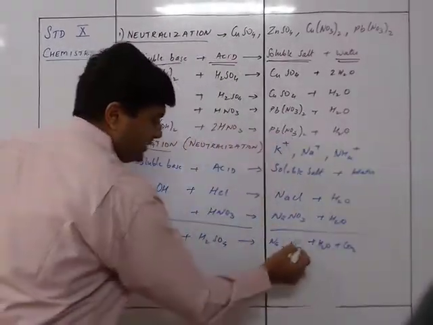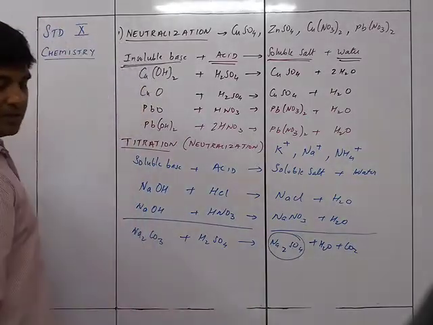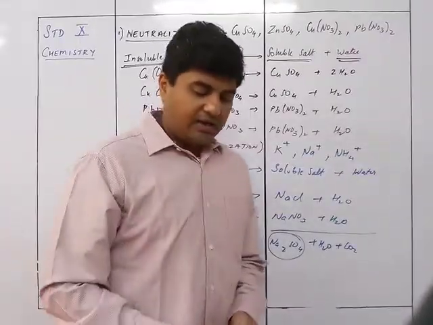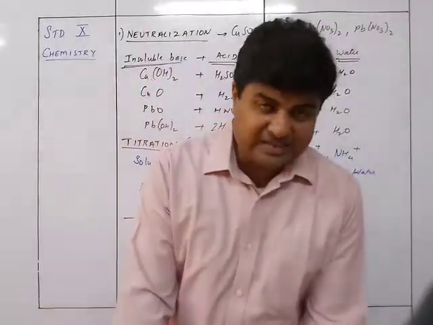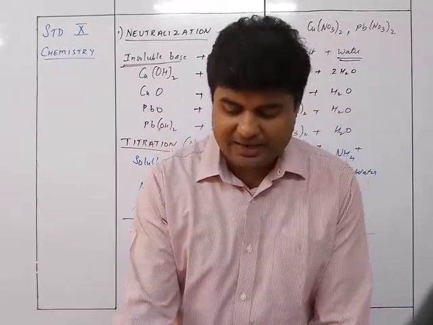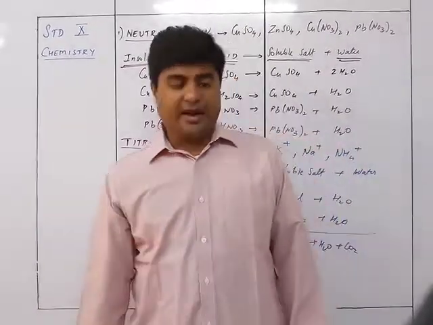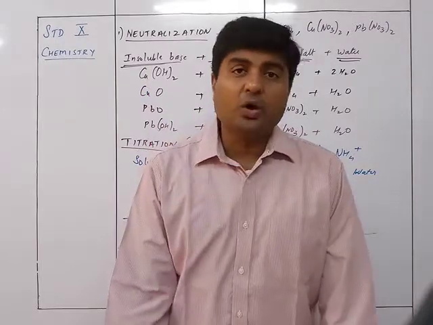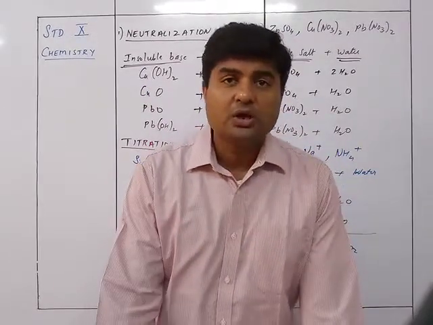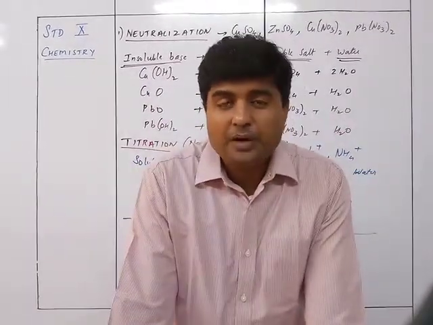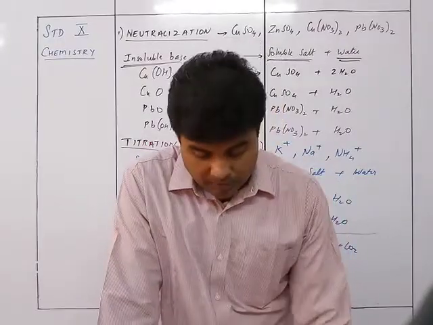So hence we get this particular thing over here. Accordingly we see that metallic carbonates of sodium or potassium or ammonium can also give me the salts of potassium, sodium or ammonium.